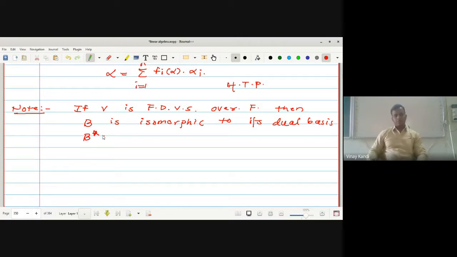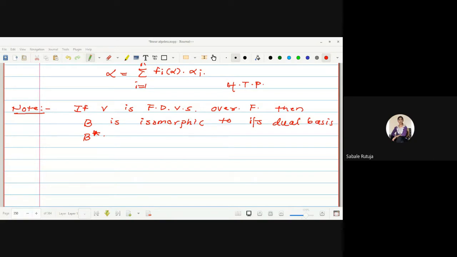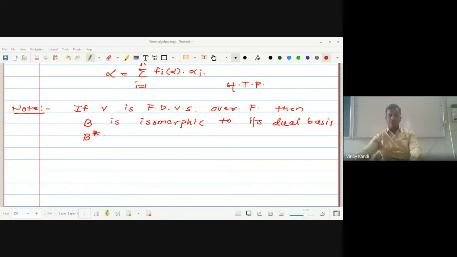Okay, if V is a finite dimensional vector space, then B is isomorphic to what? V star. All the properties of B are also satisfied by B star. Okay, any doubt up to here? No, sir. Okay, so we will stop here. The remaining part we will see in the next lecture.